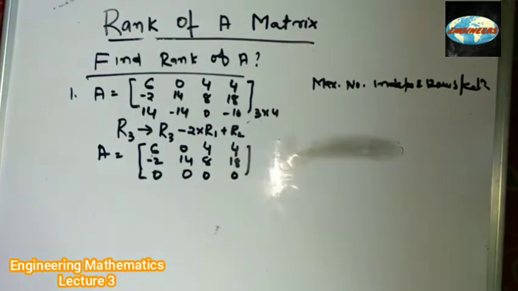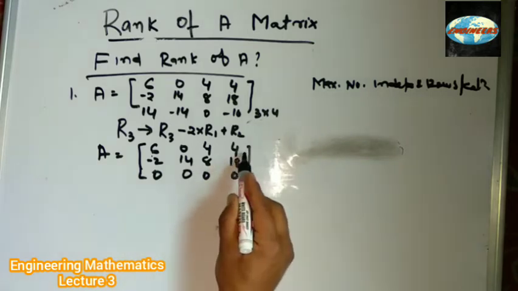So there was a dependency between the rows of the matrix, and we want to see what that dependency is. We apply elementary transformation on the matrix and try to make one row 0. If it is possible, it will ultimately become 0.